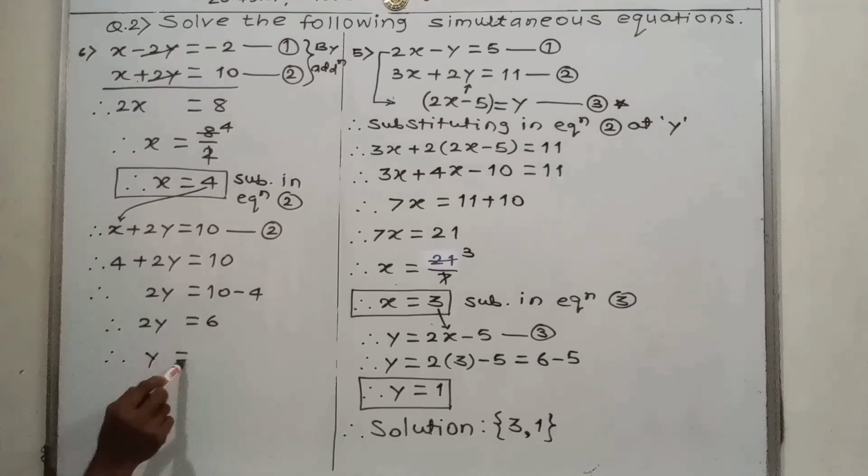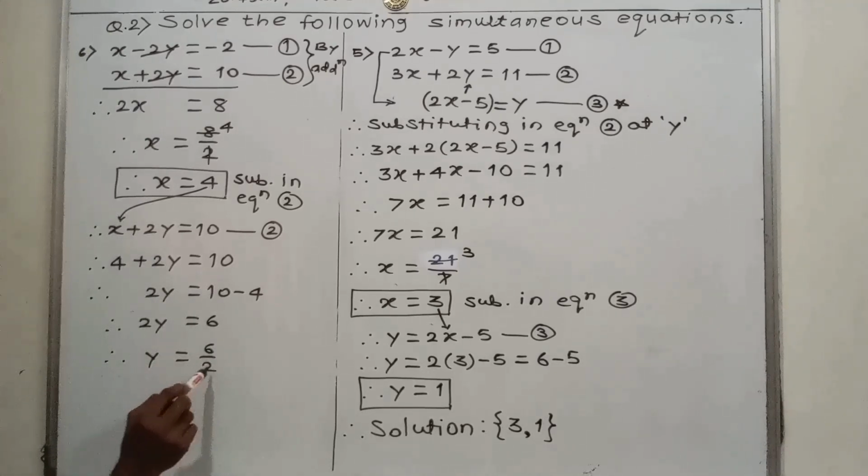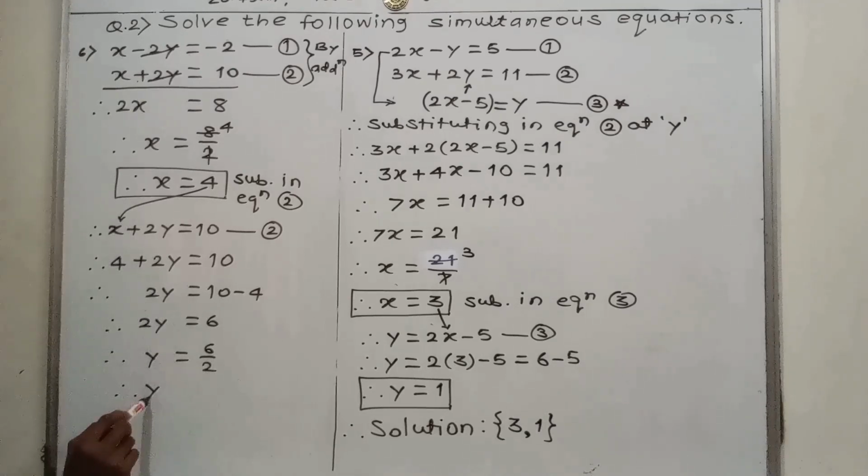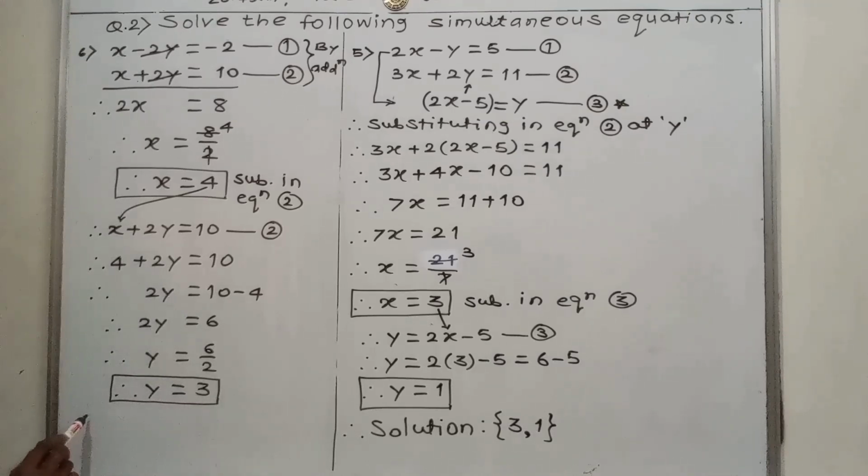Therefore, y is equal to 6 upon 2. Therefore, y is equal to 3. Then finally we write here solution. What is x? 4 and y is our 3.